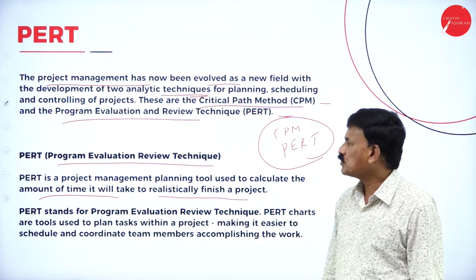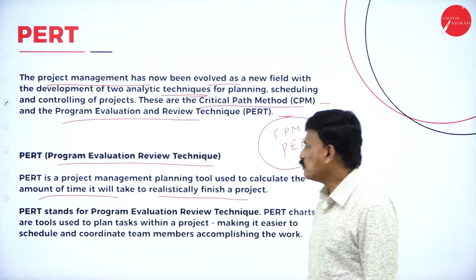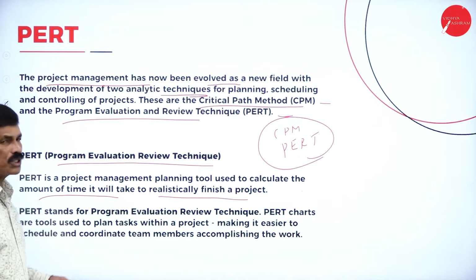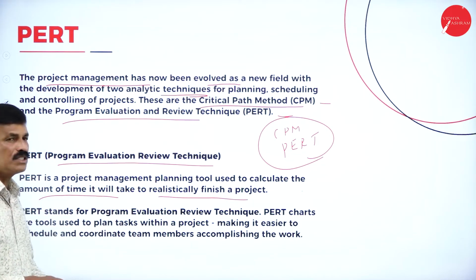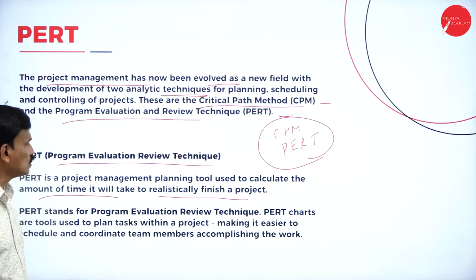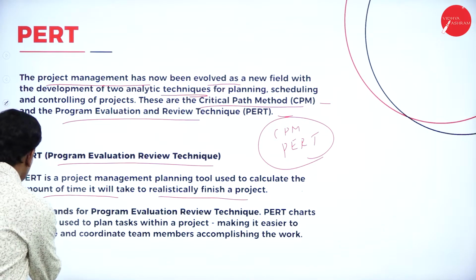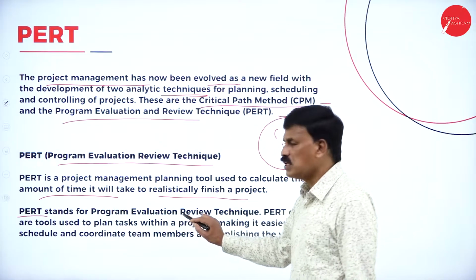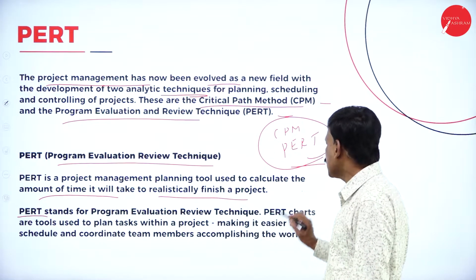That means this PERT is a tool used to calculate the amount of time it will take to complete the given project. Now, what does PERT stand for? PERT stands for Program Evaluation Review Technique.